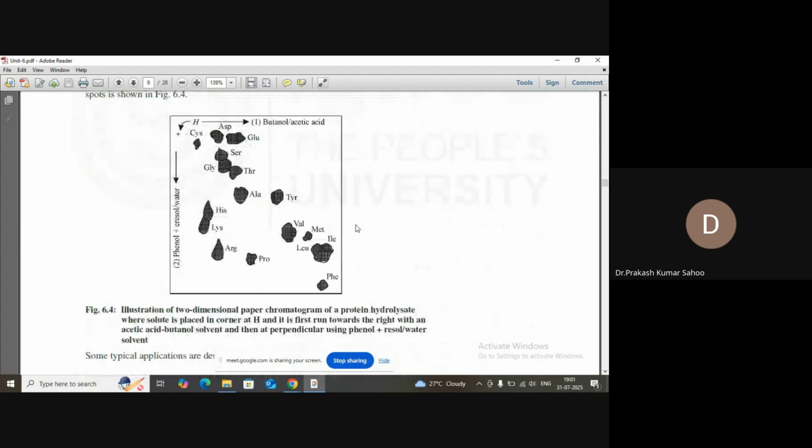So this is an example where different amino acids, that is histidine, lysine, arginine, proline, glycine, serine, alanine, valine, are separated by using two-dimensional paper chromatography of a protein hydrolysate.